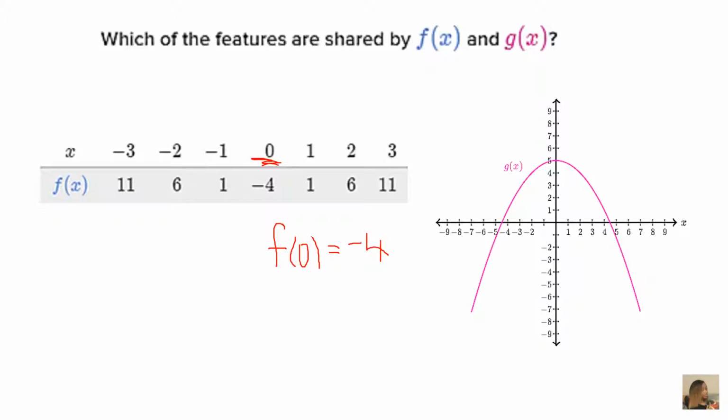And likewise, when we plug 0 into the function g of x, g of 0 gives us a value of, let's see, this looks like 5. So we can eliminate this last option. The functions don't have the same y-intercept.